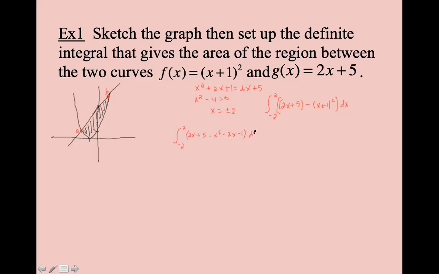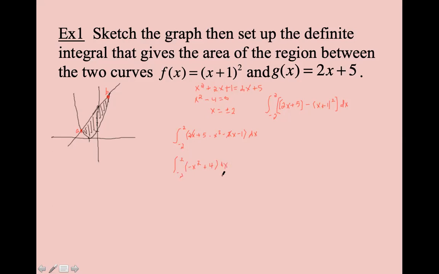Once I get it down to the simplified form, I'm going to take my antiderivative and use the fundamental theorem of calculus to find my final answer. So the 2x's are going to cancel. I have a negative x squared. Positive 5 minus 1 is a positive 4. And that's what I'm going to use to find the area between the curves.